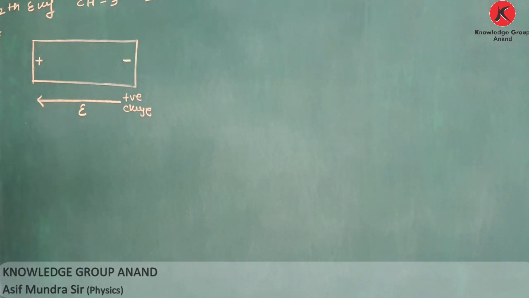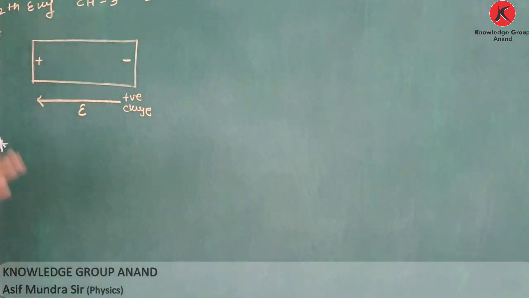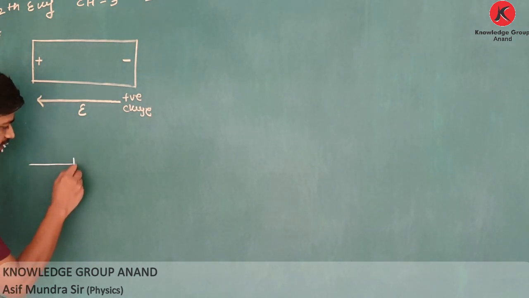Now, in a network, we will have to face cells, resistors, capacitors, etc. Right now we are taking only two elements, resistors and cells. First of all, the cell.